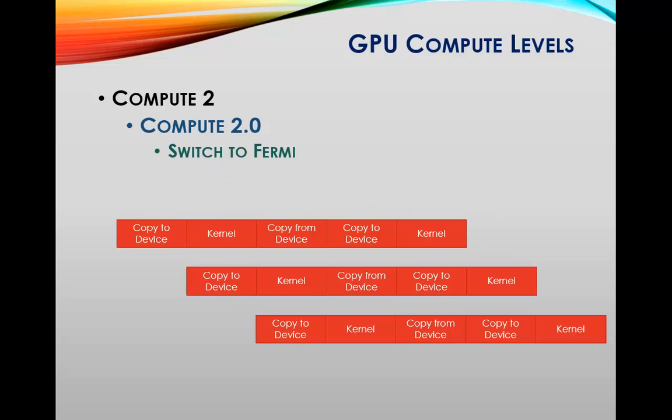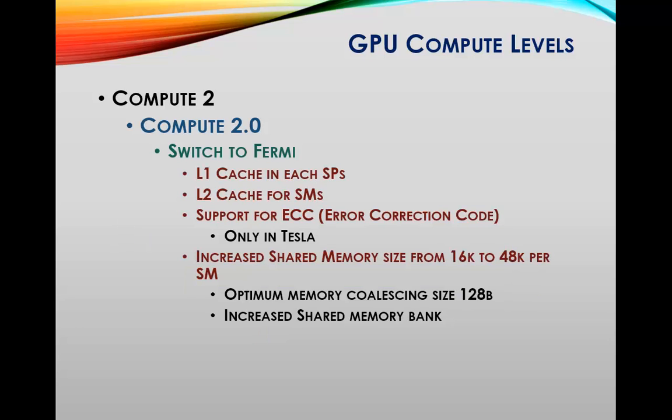So let's take a look at some of the implications of the changes. Let's first look at L1 cache. Compute 1 did not have any cache, but the Compute 2 architectures started supporting a level 1 cache on each of your simple processing units.